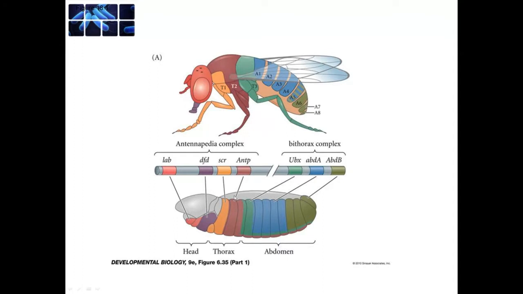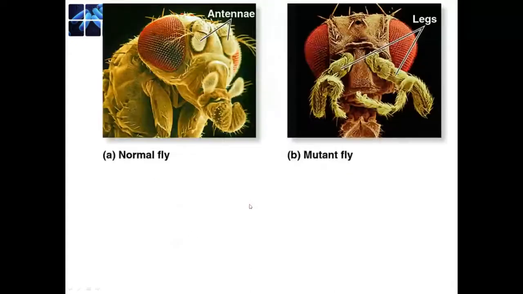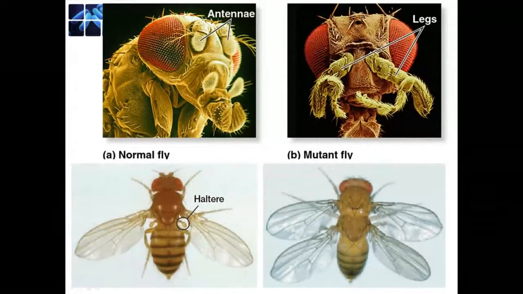So if we misexpress that same antennapedia in this segment, instead of ultrabithorax, the fruit fly doesn't have this segment with the haltere, and instead makes a whole repeat of that second segment, so that the fruit fly has kind of two backs, two thoraxes, and 4 wings instead of 2 wings. So pretty cool.